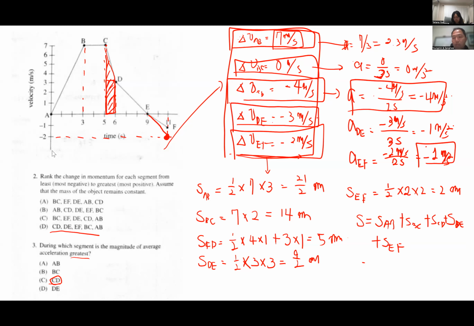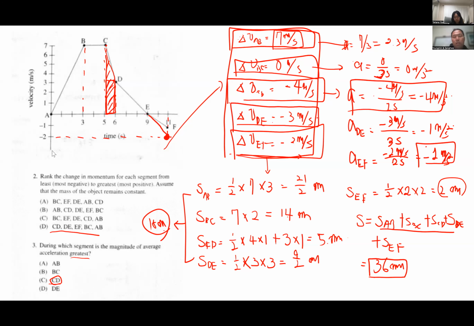Now that is what? So you plug in 21/2 plus 9/2. This one is same as 15 meter if you add them together. 15 meter, 5 meter is 20 meter, and 14 plus 2 meters. The total is 36 meter. Okay.